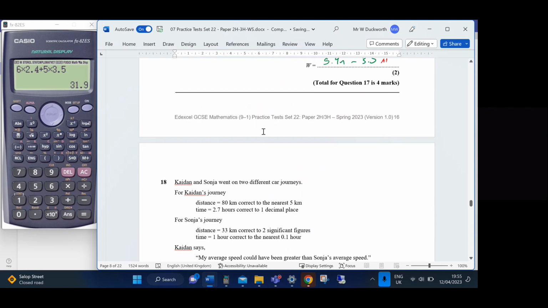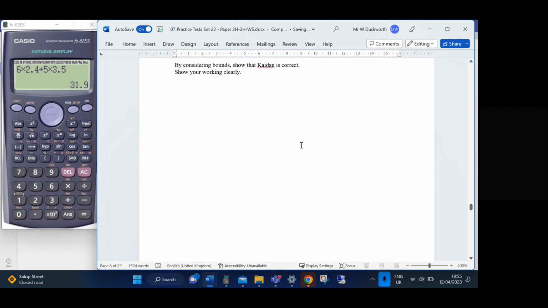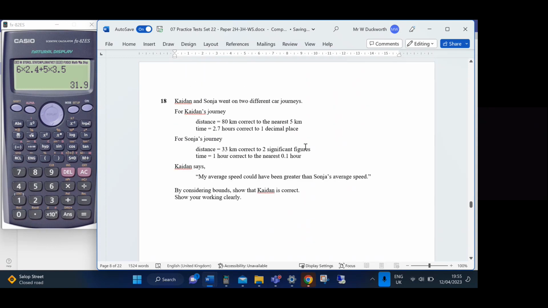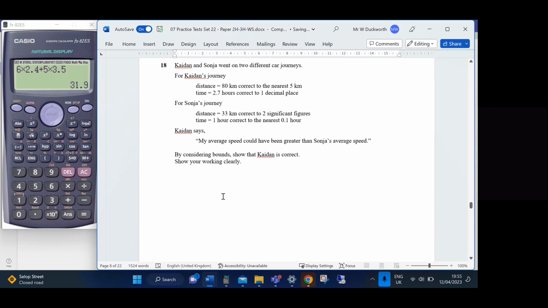Right, I will do this as my last question because technically 9 questions, but then it leaves us 5 questions to do on the final video. So Caden and Sonia went on 2 different car journeys. Caden's journey had a distance of 80 kilometers, correct to the nearest 5 kilometers, and it took a time of 2.7 hours, correct to 1 decimal place.